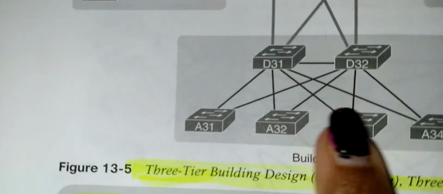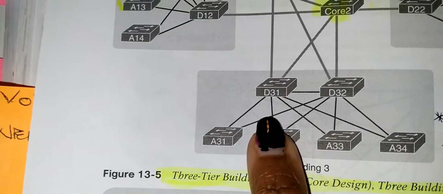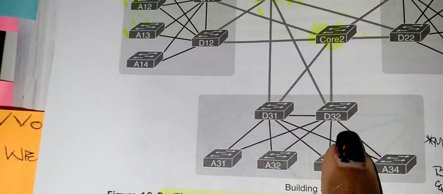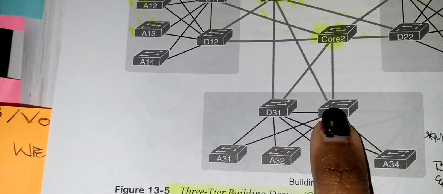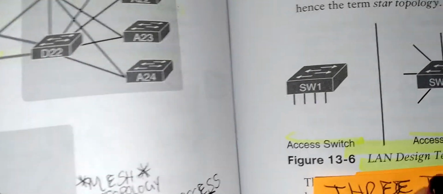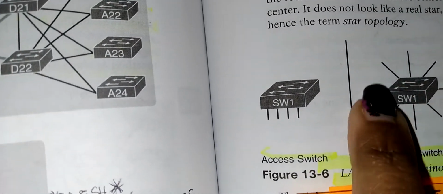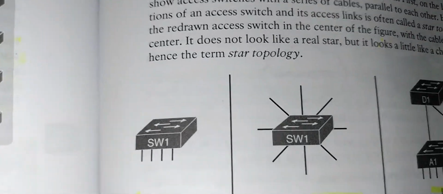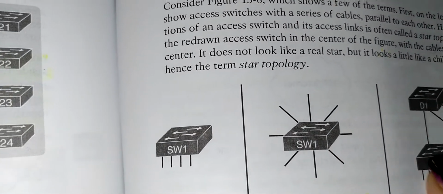I'll show you again. So this is the mesh topology between access and distribution, which is what it was asking. And then the access switch has star, and then uplinks partial mesh.